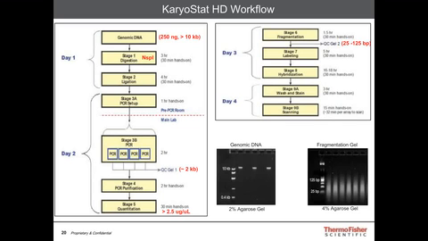Here is the assay workflow. The assay needs about 250 nanograms of genomic DNA. It starts with digestion with a restriction enzyme, followed by an adapter ligation for the subsequent PCR step. PCR product is purified. The next step is the fragmentation, which is the most critical step in this assay.